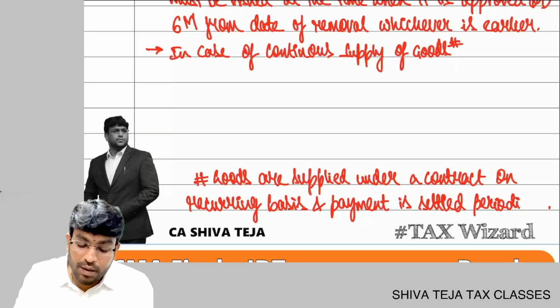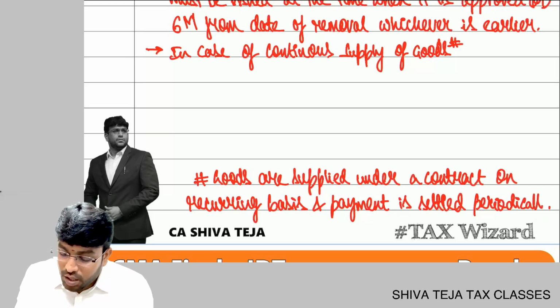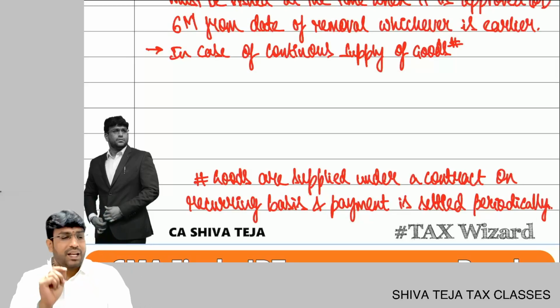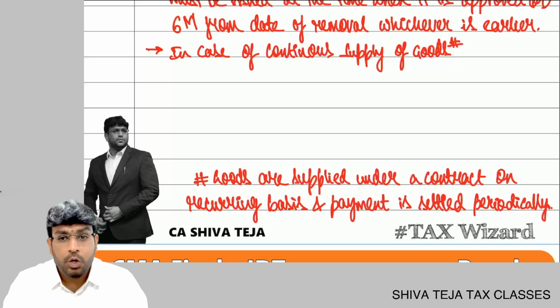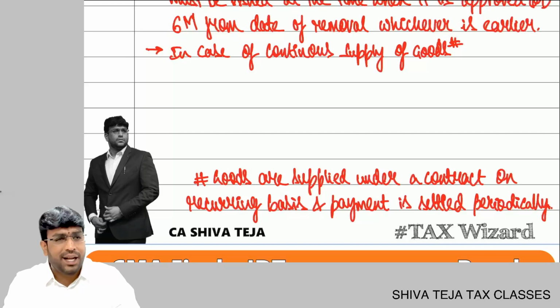One more time I repeat: payment is settled how? Periodically. Goods are supplied under a contract on a recurring basis and payment is settled periodically.